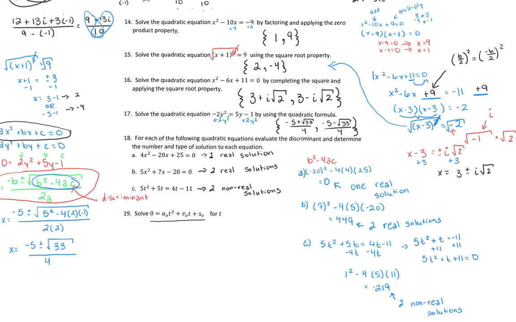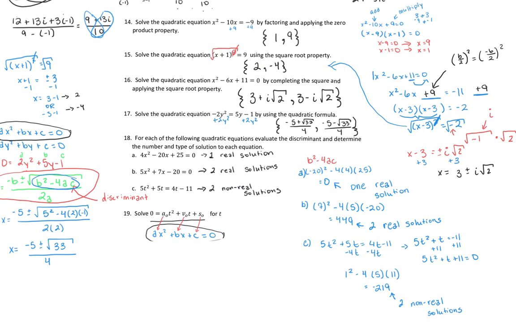So I'm going to move this equation right here just so you can see that those two are indeed the same, right? The only difference is that we have t's instead of x's, but our a naught is essentially our a, our v naught is essentially our b, and our s naught is essentially our c.